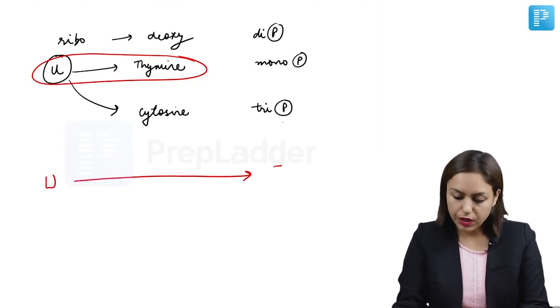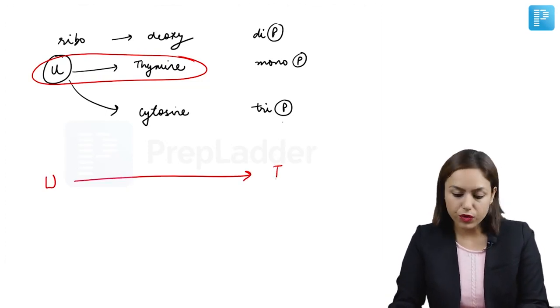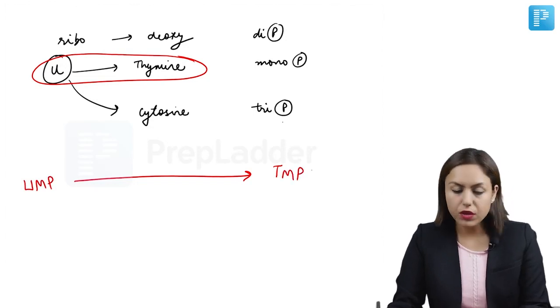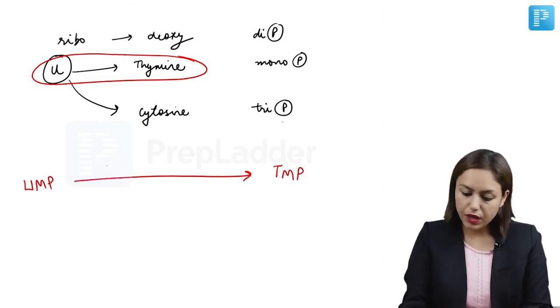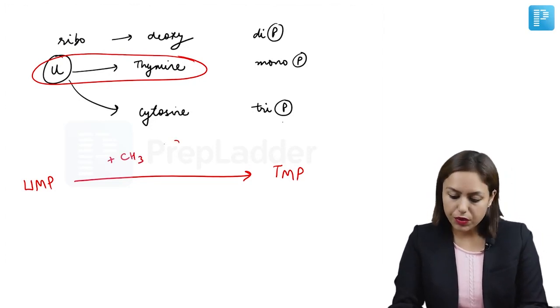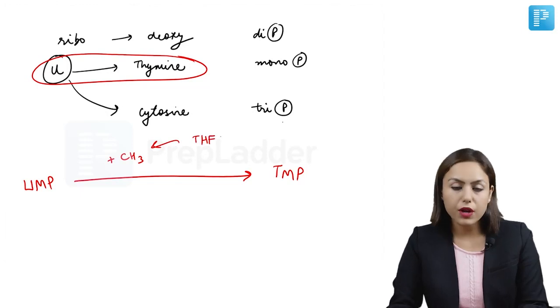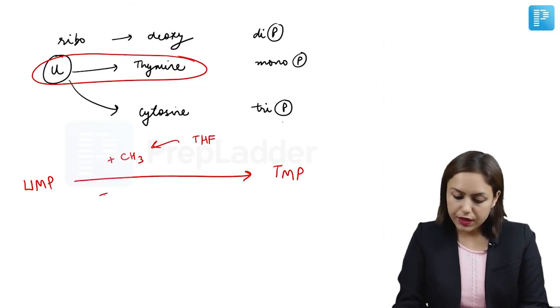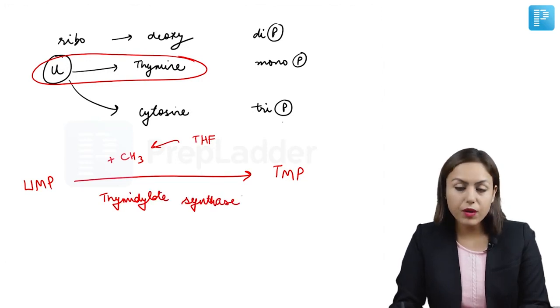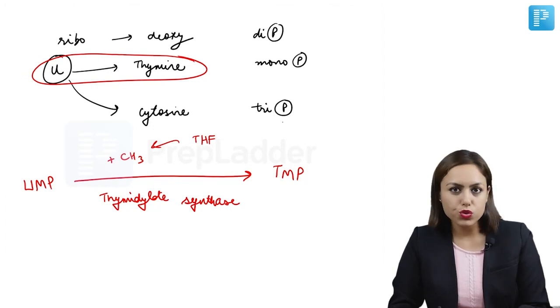It occurs at the level of monophosphate, meaning when it is UMP, it will be converted to TMP, and here a methyl group is added, which is obtained from tetrahydrofolate, and the enzyme is thymidylate synthase, okay. Synthase means no energy is used here, okay.